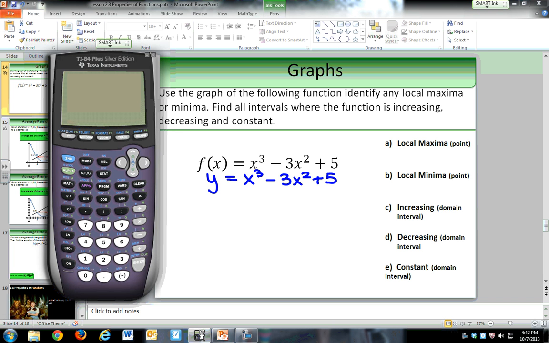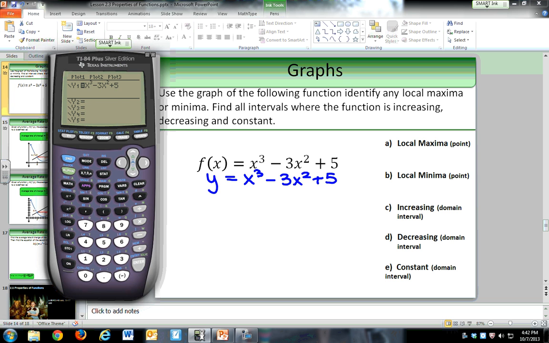So go to y equals, x cubed minus 3x squared plus 5.